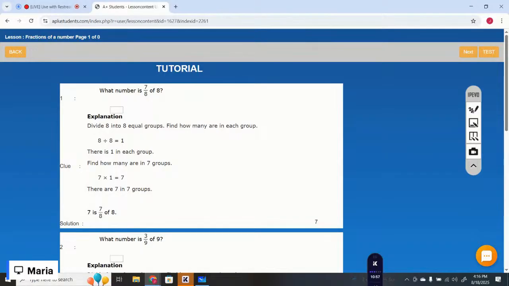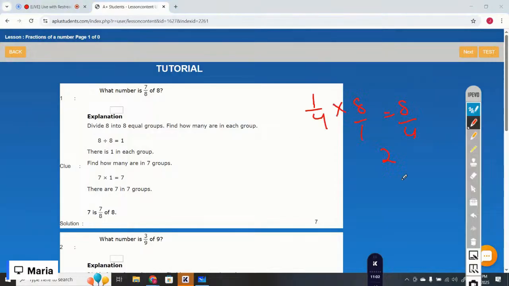So 7 by 8 of 8 means you need to do 7 by 8 times 8, right? So we have to do 8 times 7 and 8 times 1, but you can write it as 7 by 1 times 8 by 8, right? And we know that 8 by 8 is 1, so we are left with just 7. So 7 by 8 of 8 is 7.